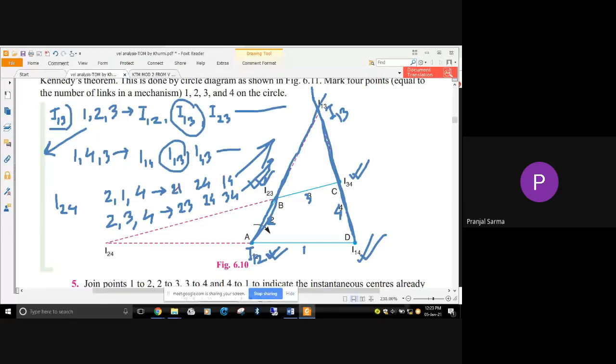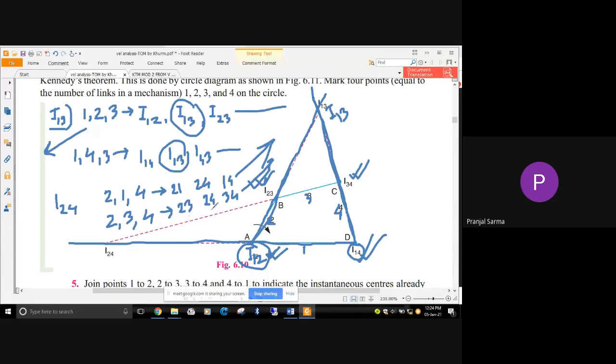So let's come to this particular figure. I21 or I12 is already there, this one. Similarly, I24 we need to find out. I14 has also been located here. So I24 should lie on this line which is joining these two, that means on the same straight line. So I am drawing like this.